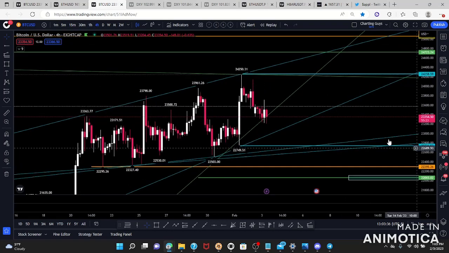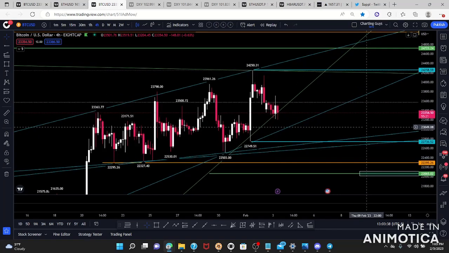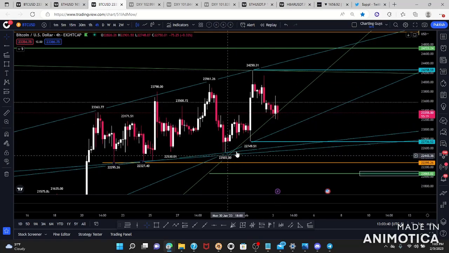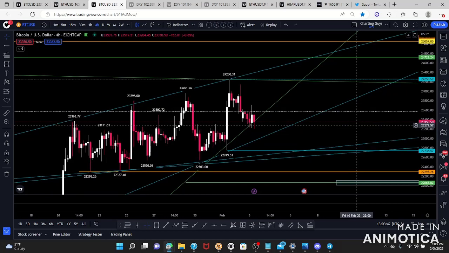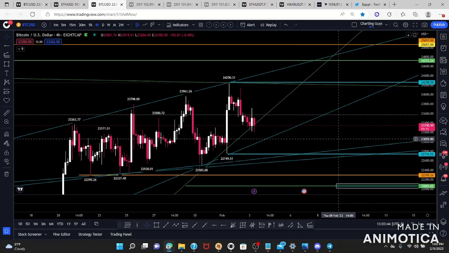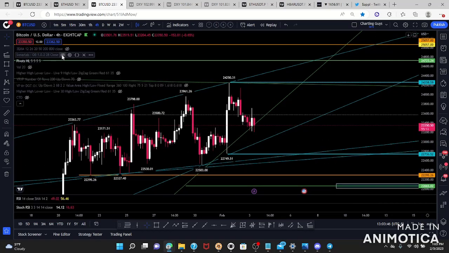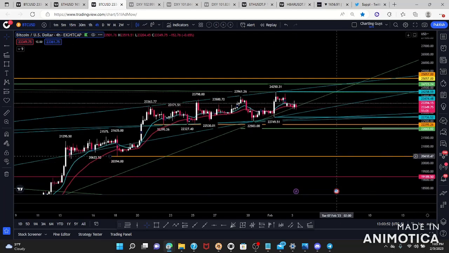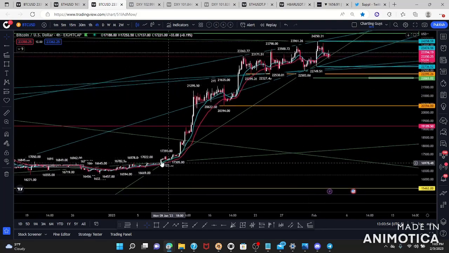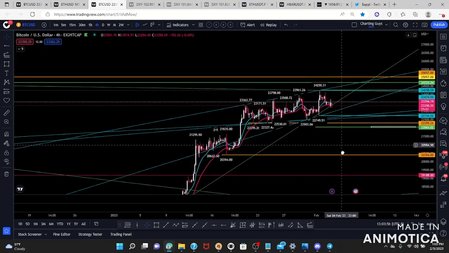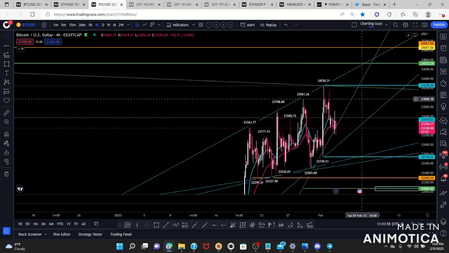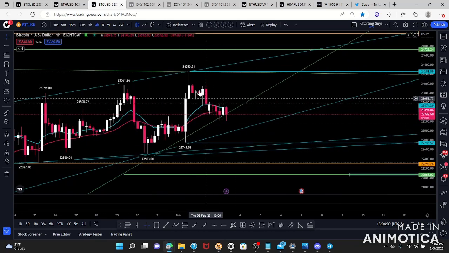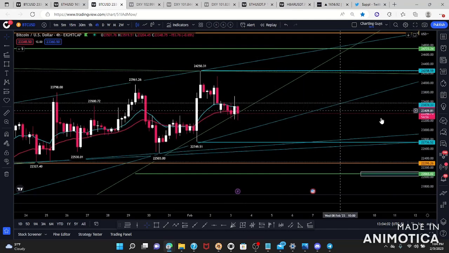So now that we're here, you want to set your next possible target. So for me to take a short, I need to see my 12 and 26 EMAs cross to the downside. So this green line that we pulled all the way from the bottom is a daily trend line, powerful trend line that the price action is playing within.